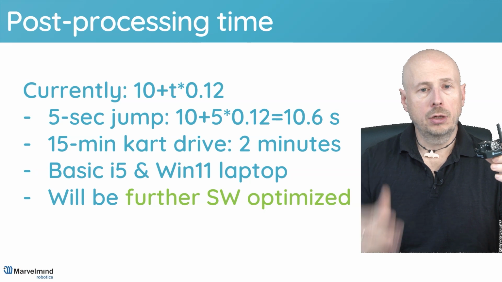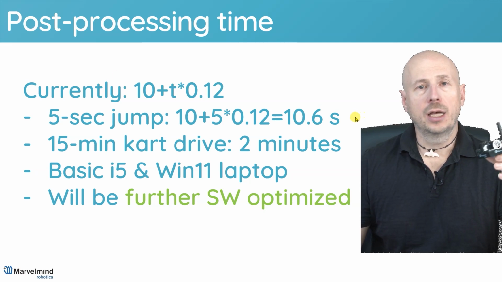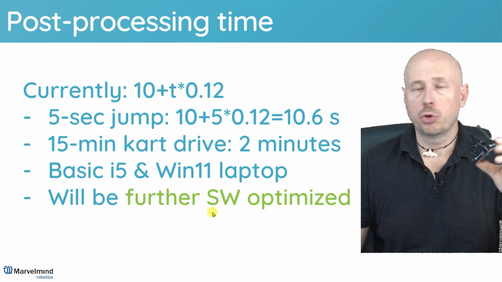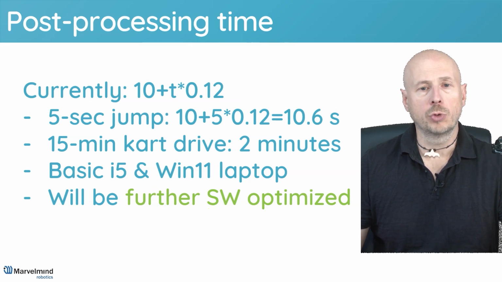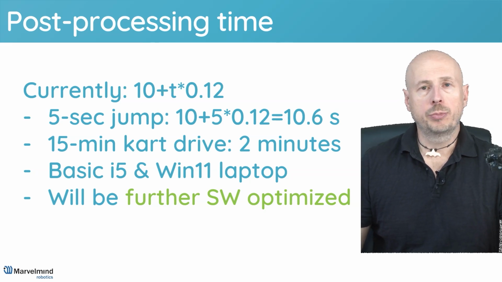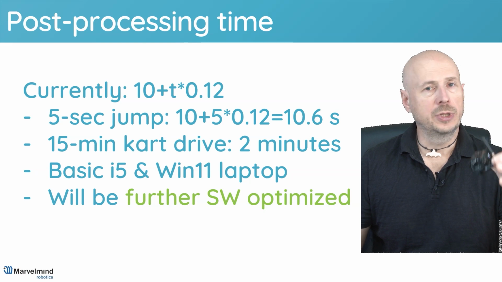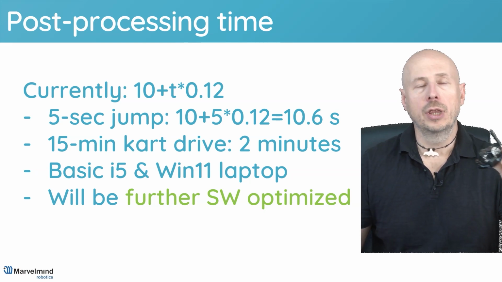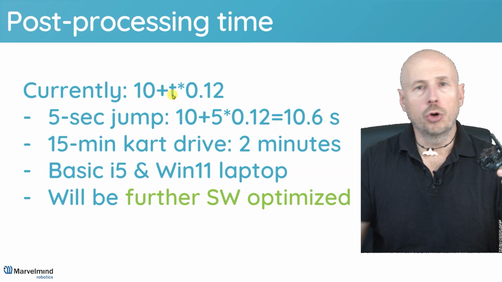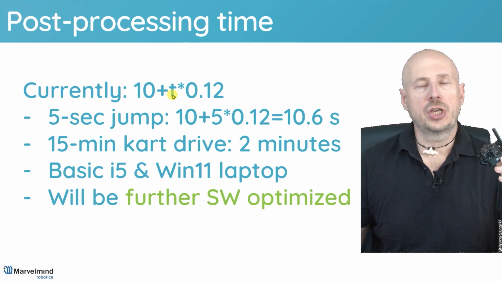How much time? Now, I gave some examples. So currently, again, we didn't optimize this yet, but it will be optimized later purely by software. You don't need to change anything hardware. But today, as of now, a basic laptop, again, it's not a desktop, it's not something very special, it's not in the cloud, the very basic laptop makes the calculation with the following formula: 10 seconds plus T of drive, so how many seconds of log is recorded, multiplied by 0.12.